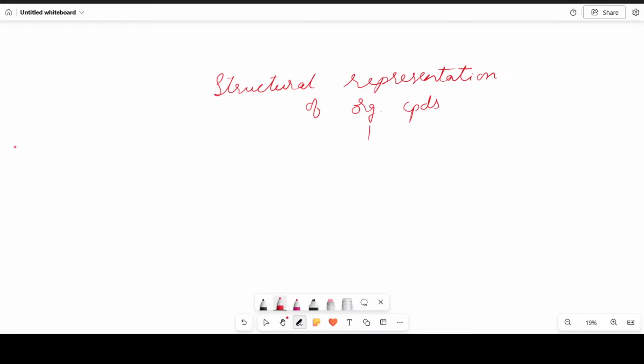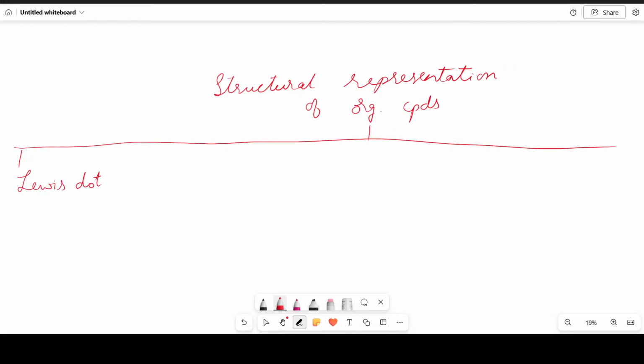There are different ways. So the first one is the Lewis dot structure, but this is time consuming.